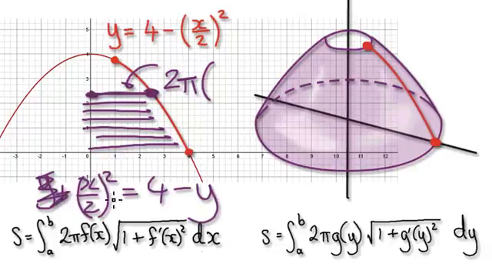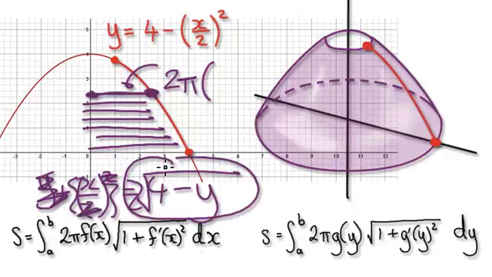So this would be minus y, square root it, and then times 2. So you're working in terms of x equals 2 root 4 minus whatever.